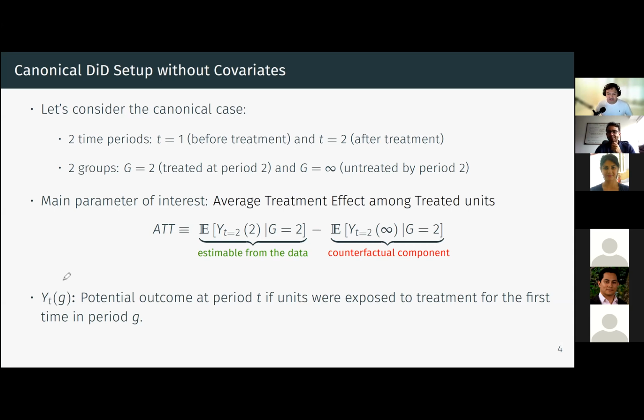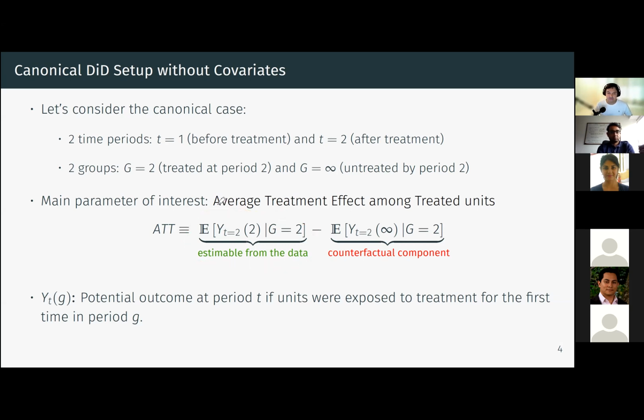So essentially, I want to recover the ATT. Among units who are exposed to treatment in period 2, I do observe Y2 at time period 2. So I do observe treated outcomes in period 2 for units who are actually exposed to treatment. So this first component of the ATT is recoverable from the data.